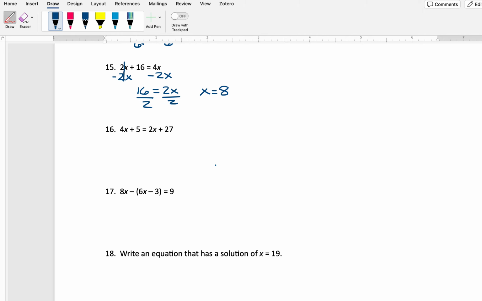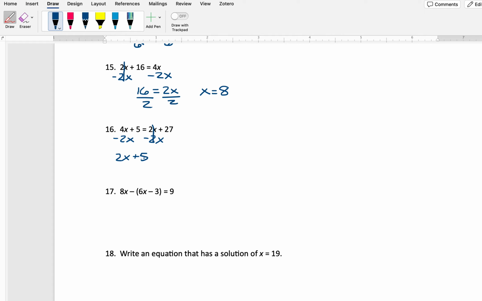For number 16, I have multiple things going on here. So again, I'm sort of working towards combining things that go together as I'm solving to make everything kind of go away. So 2x, I move it over by subtracting 2x from both sides. I get 2x on the left. It's gone from the right.